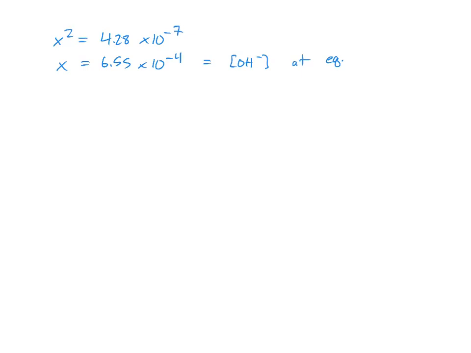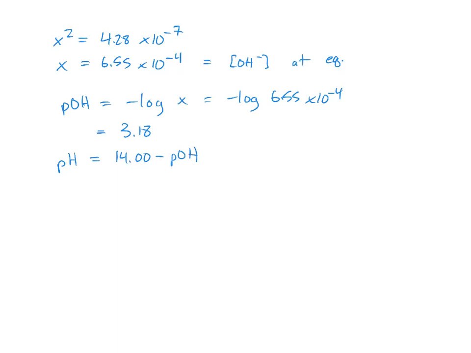So what we can do is find pOH by taking the negative log of X, which gives us 3.18. Our pH is 14 minus the pOH, 10.82. And that's it for question 66.